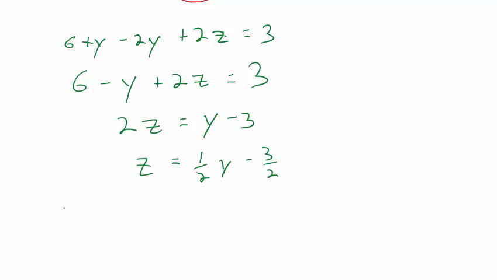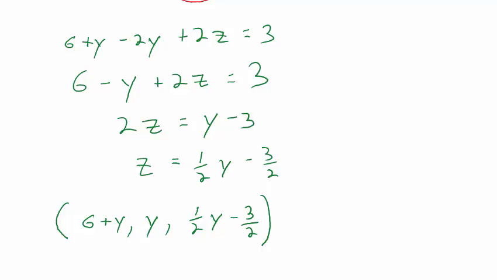So this ordered triple, x equals 6 plus y, y, and 1/2 y minus 3/2, is the solution to what we would call in a different class, like linear algebra, that dependent system.